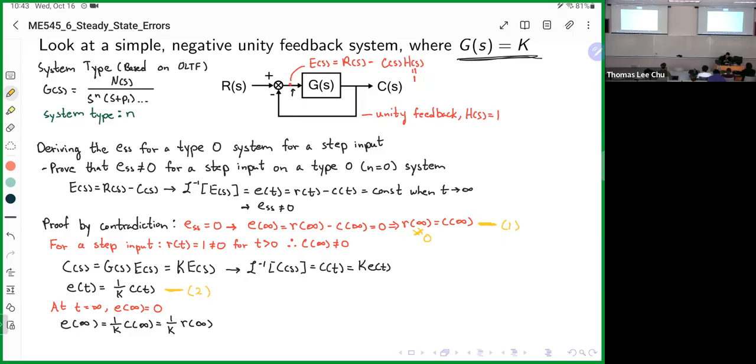And then this is the second statement that contradicts, because since c is non-zero, we've shown that e is equal to 1 over k multiplied by c, which means that e here is non-zero. So these two statements contradict with the original statement, e of ss, or e of infinity, is equal to 0.